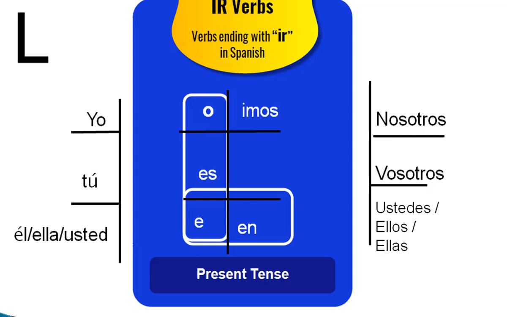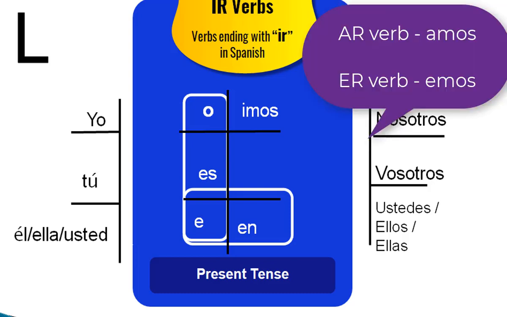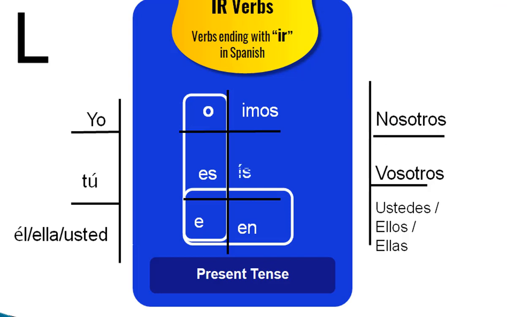For AR verbs it was amos, for ER verbs it was emos, and for nosotros it's imos. And the vosotros form is ís. So these are the 6 endings of IR verbs: o, es, e, imos, ís, en. And this verb group follows the L pattern, where L marks the forms or persons whose endings are the same as the ER verb.